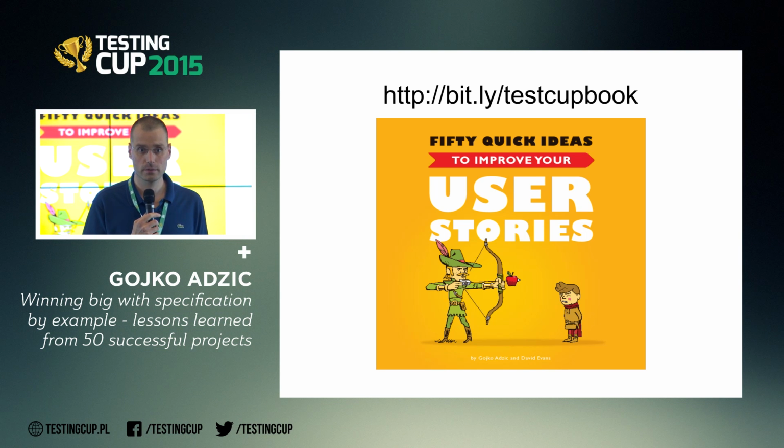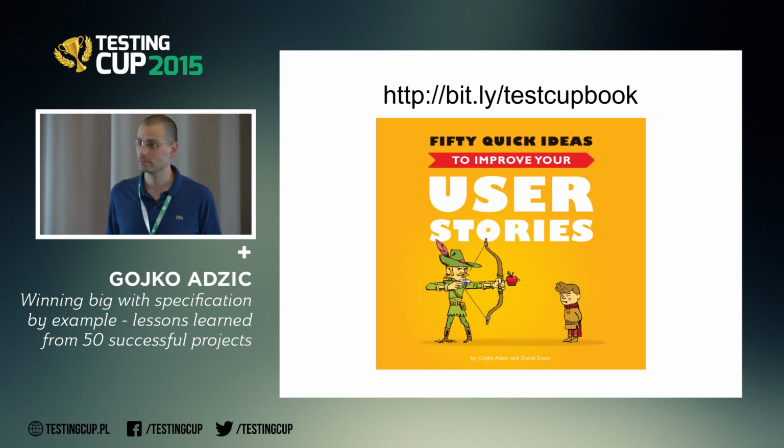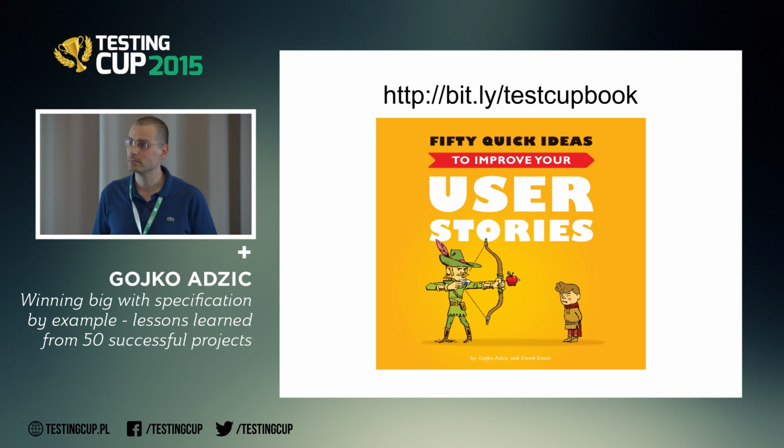Could you give some example of how this collaborative story writing should work? Because in my team, it usually looks like we have backlog refinement. We see something, we collaboratively decide if it's ready for work or not. And if it's not ready for work, somebody says, okay, who wants to make this ready, so write this.